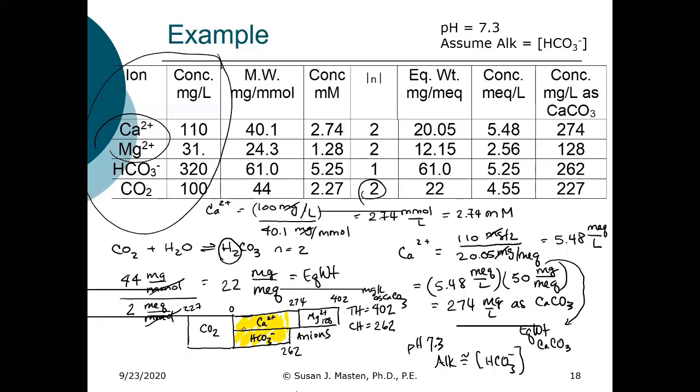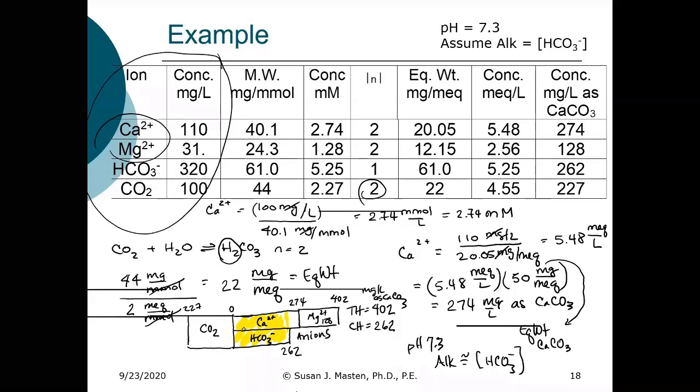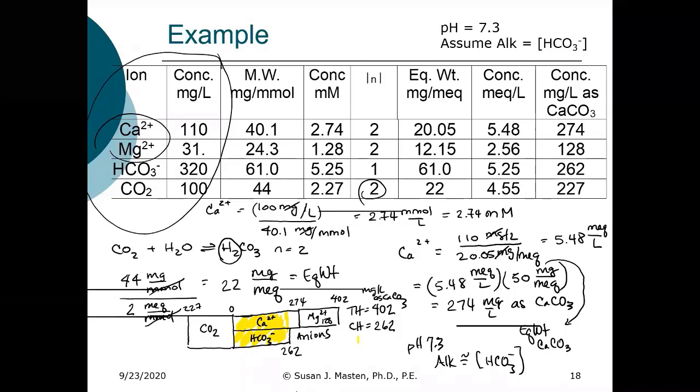Dr. Maston? Yeah? That part that you just highlighted, that relates to the carbonate hardness, right? Correct. Okay, thanks. And if you are not muted, if you could make sure you mute yourself. So I just highlighted, okay, this is our carbonate hardness. So it's that portion of the calcium that's associated with bicarbonate.